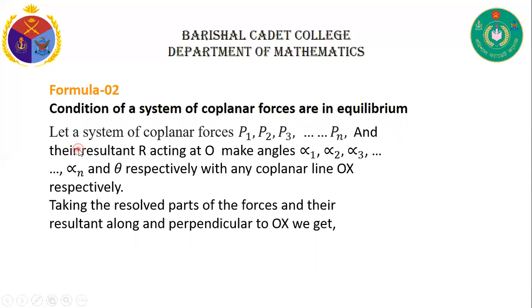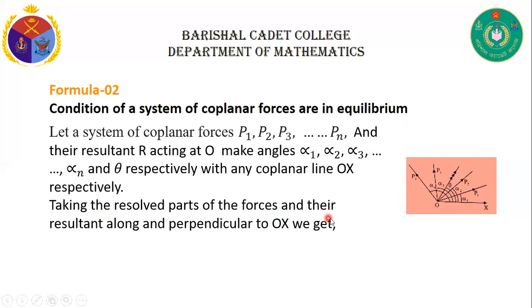Let a system of coplanar forces P1, P2, P3, up to Pn make angles alpha 1, alpha 2, alpha 3, alpha n with the OX line, the horizontal line. If there is a resultant of all these forces, its angle is theta, and the resultant is R.